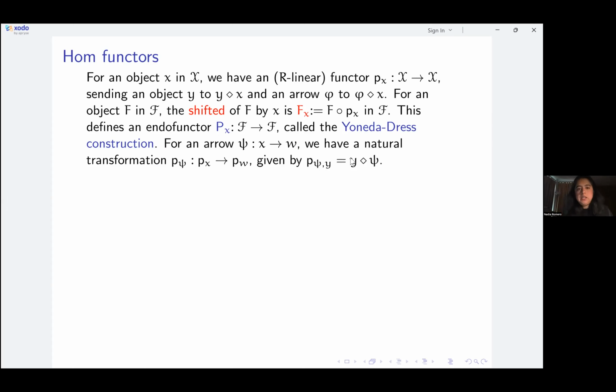It's the same idea as on objects, but now we're taking arrows. So this defines a natural transformation between these two. In turn, this defines a natural transformation between these two. How? Well, as usual, we just apply our functor F to the arrows we defined before.